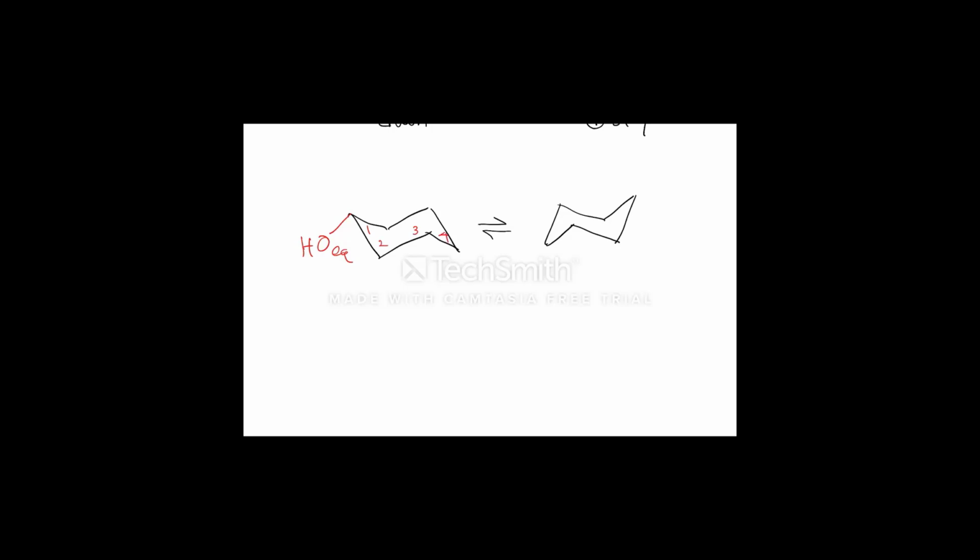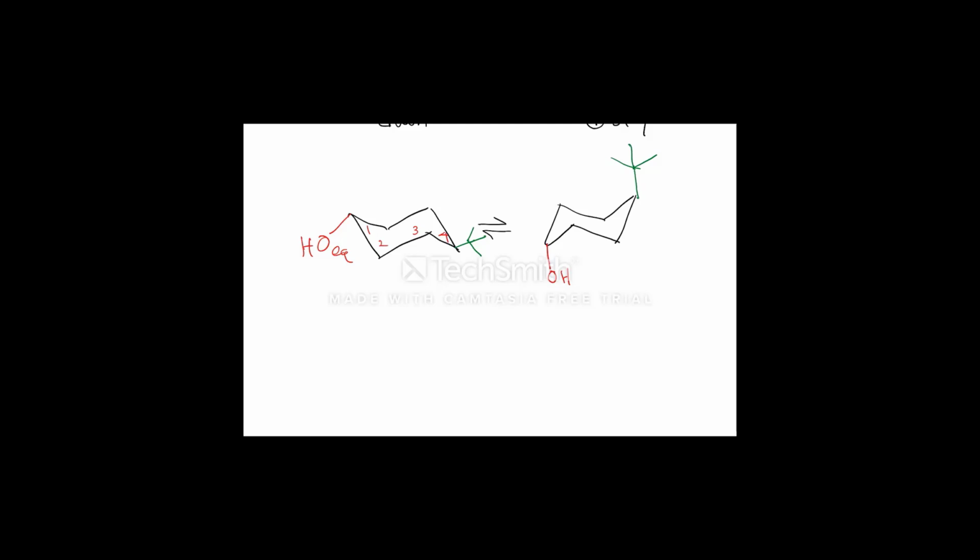So 1, 2, 3, 4, and let's put a bulky group, a tertiary butyl group, on the fourth carbon. That's a much bulkier group, because OH has only 2 atoms and the tertiary butyl group has a lot of atoms. After the ring flip, the equatorial tertiary butyl becomes axial, and the equatorial hydroxyl on the first carbon becomes axial. That's how we mark it.